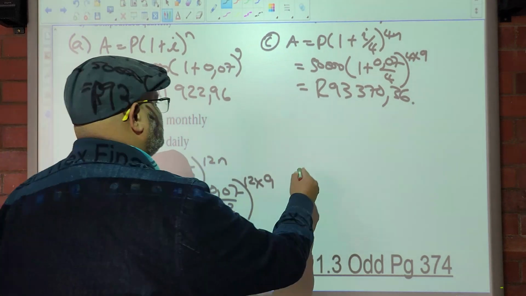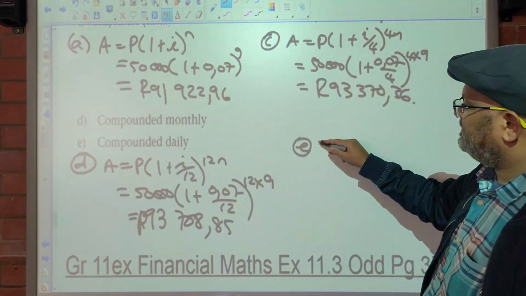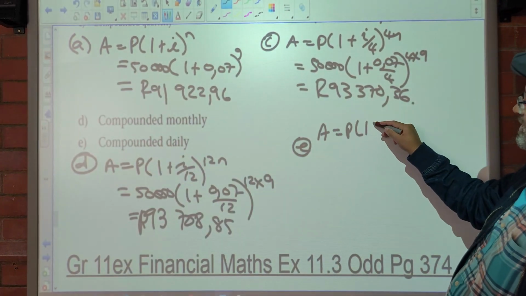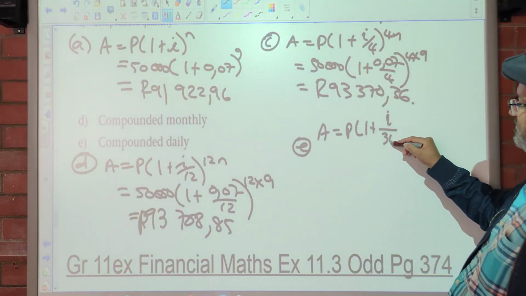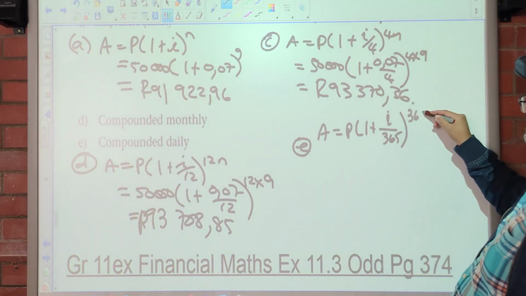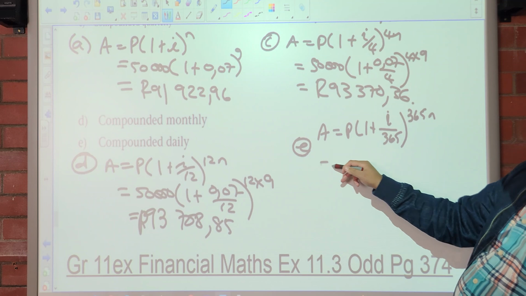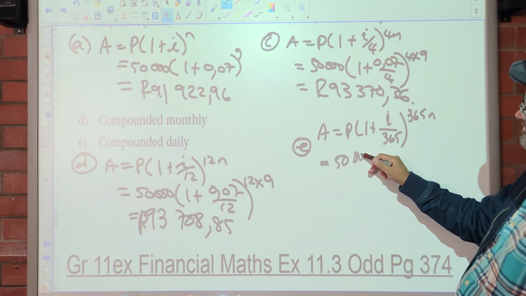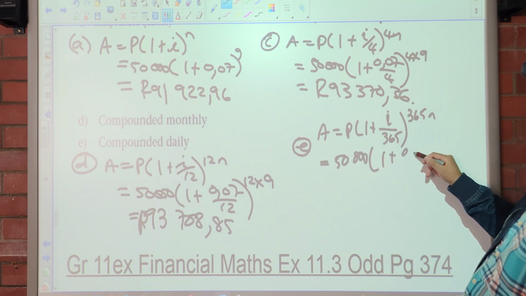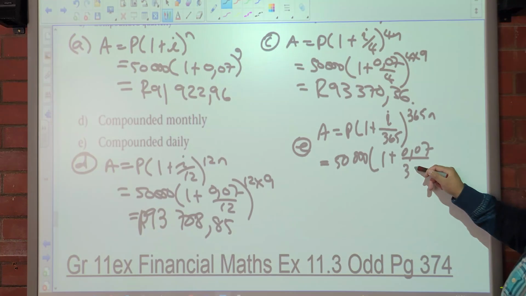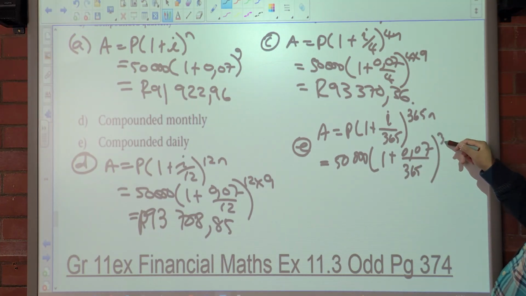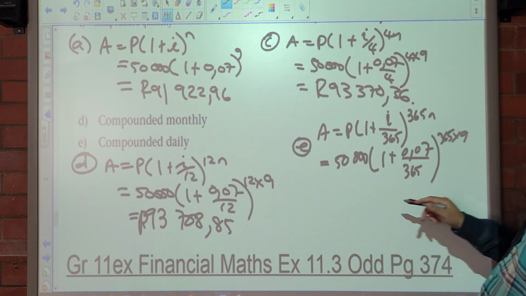And then E, of course, is the last one, compounded daily. A is equal to P into 1 plus i over 365 to the exponent 365n. That gives you 50,000 into 1 plus 0.07 over 365 to the exponent 365 times 9.